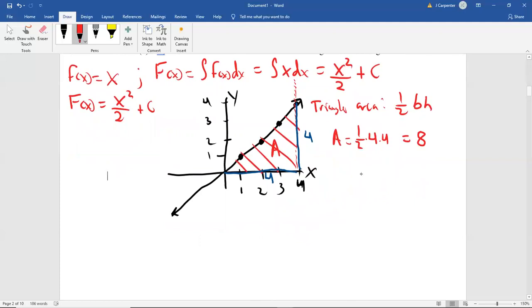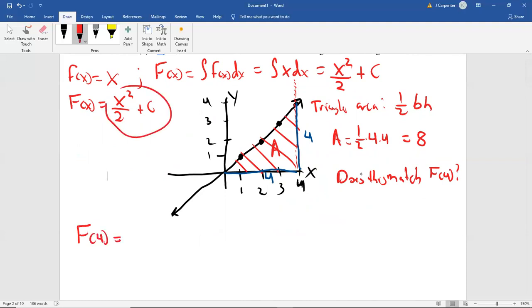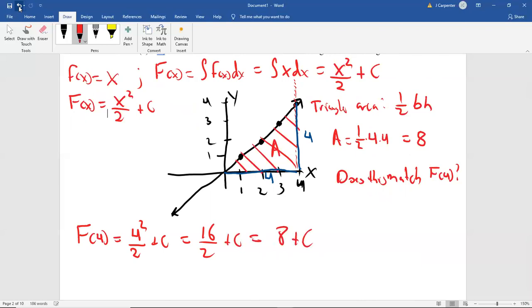So let's say, does this match f of 4? Capital F of 4, remember we're using this function, not the original one. It's x squared over 2, so 4 squared over 2 plus c, which is 16 over 2 plus c, which is 8 plus c.